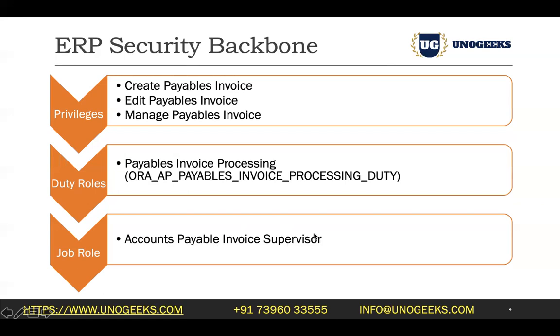So the way it works is, first you would assign this role to a specific user, and you would pass on that user's details to the client, and they would sign in as that user. They would see what all access that user gets as accounts payable invoice supervisor, and they would compare it with the current level of access that the clients give to their accounts payable invoice supervisors.